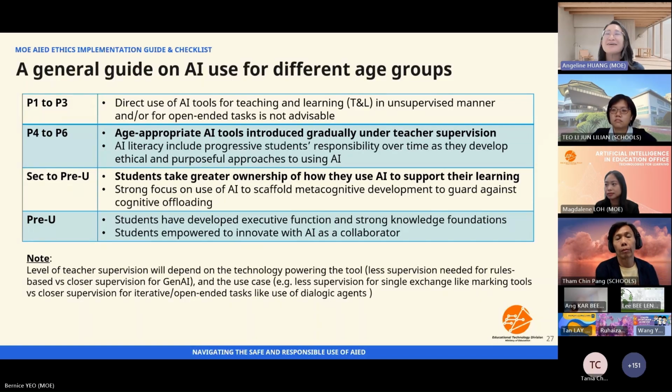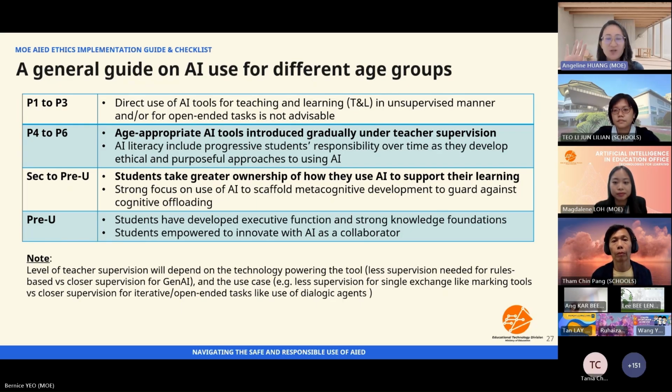So just a couple of things. One is the age advisory for the generative AI tools, which is quite important for teachers to go back to before you introduce the tools to them. For many of the tools that we know, they put out very clearly the age group of students that they recommend the generative AI to be used for.